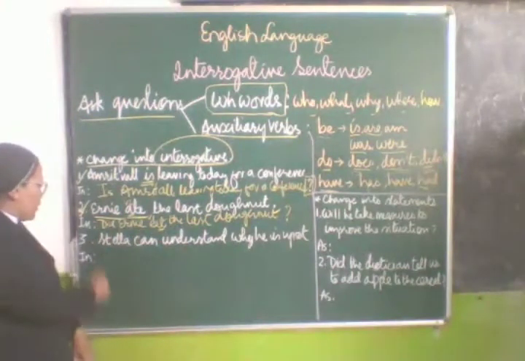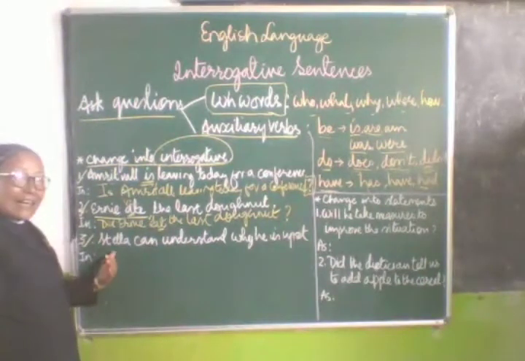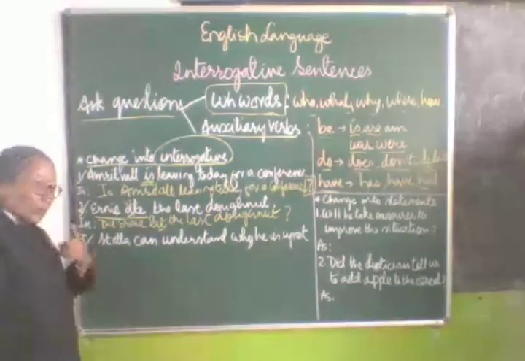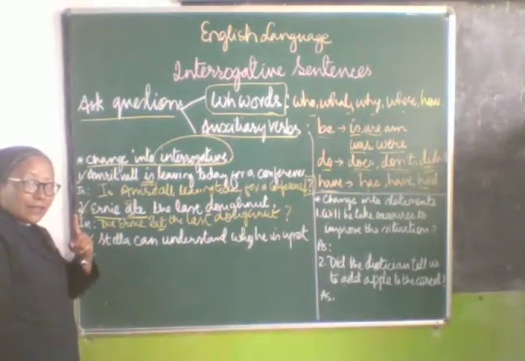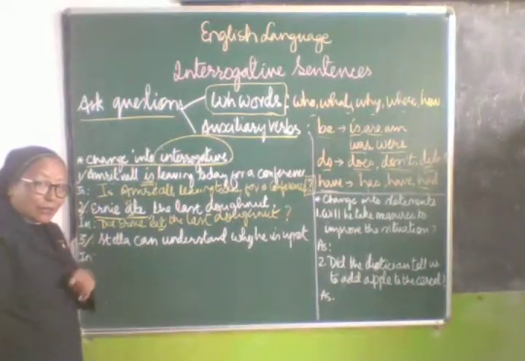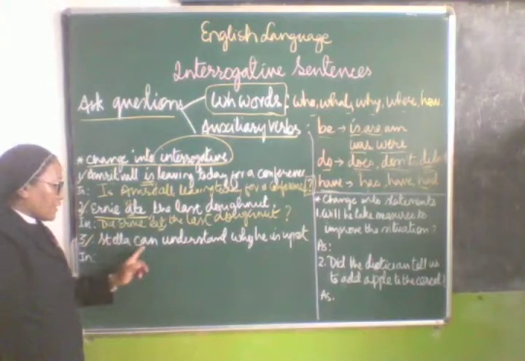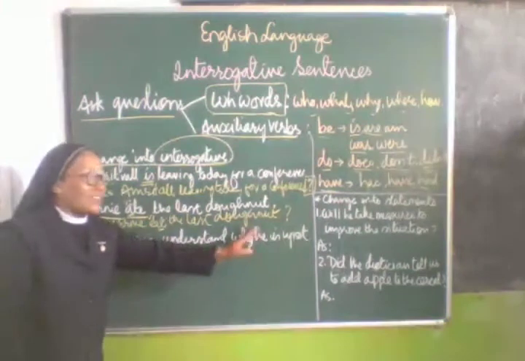Now let's move on to number 3. Stella, girl, only one here. There are no Stellas here, only one Stella, singular subject. Stella can. So I was telling you about the modal. So can. Stella can understand why he is upset.